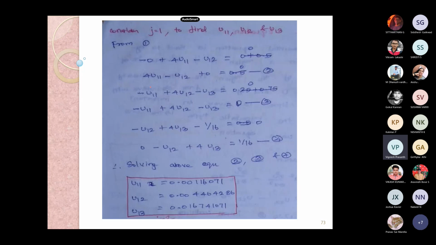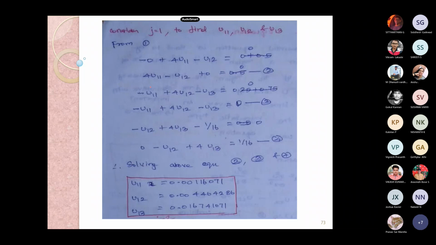So I'm getting u11 is equal to 0.0011607, sir. Okay, good. Then u12 is 0.00446428. Very good. Okay, u13 is 0.01641071. Okay, good. We'll check.